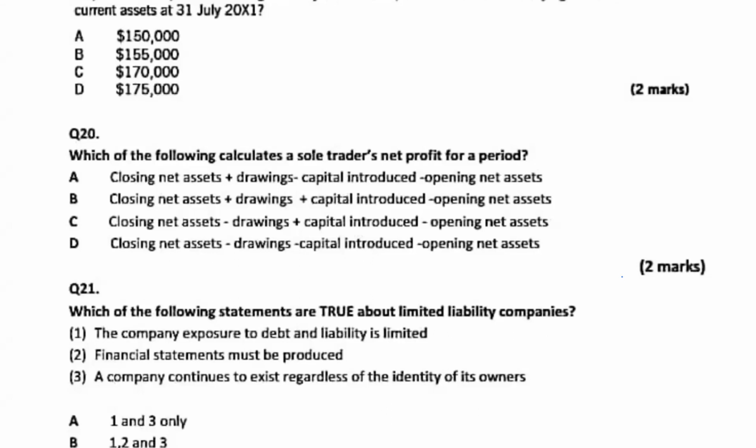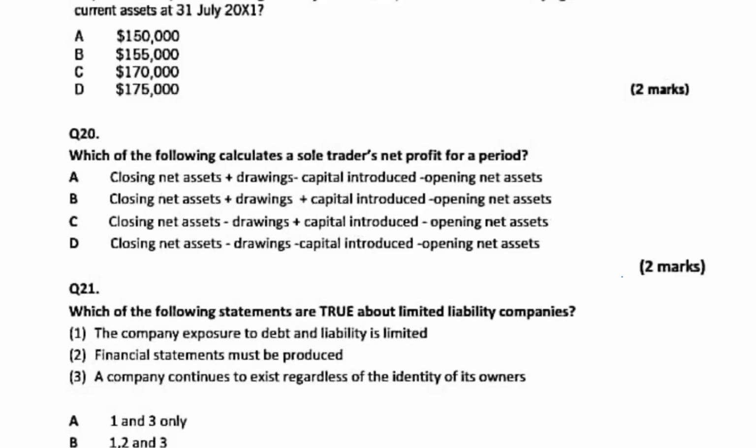What is the solution? Anyone can participate. It's D. Why do you say so, Sam? Looking at the information given above, we're looking at the net assets.